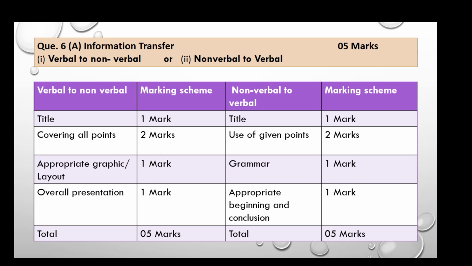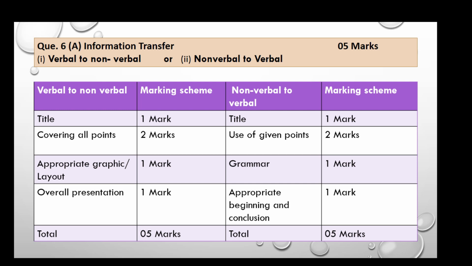Verbal to non-verbal marking scheme is title 1 mark, covering all points 2 marks, appropriate graphic layout 1 mark, overall presentation 1 mark, total 5 marks. And non-verbal to verbal: title 1 mark, use of given points 2 marks, grammar 1 mark, appropriate beginning and conclusion for 1 mark, and total 5 marks.